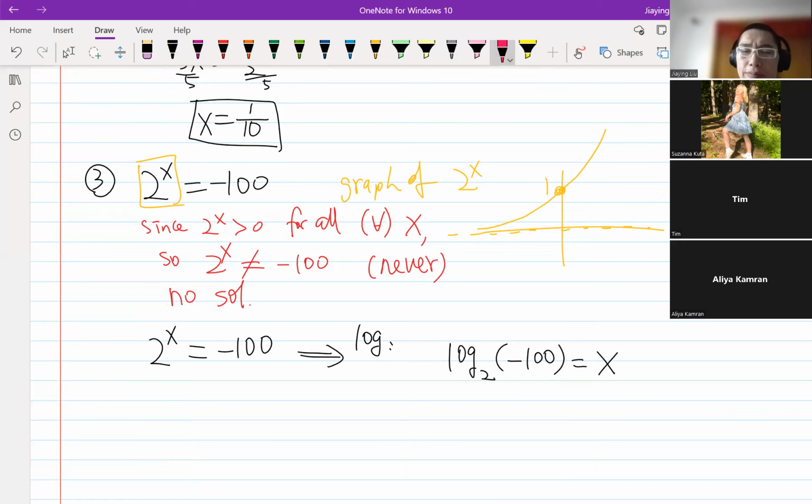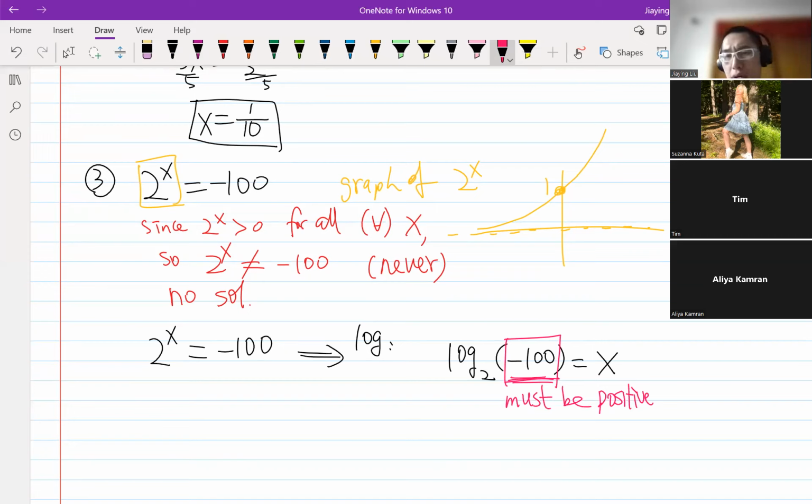But if you remember, maybe last week when we talked about log functions, anything inside the log, in the parentheses after log, must be positive. So whatever is in there must be positive. Now we have a negative number in there, therefore it's not going to be okay.